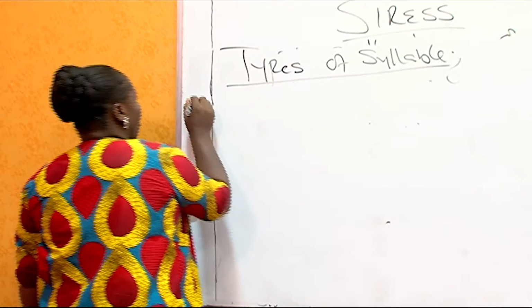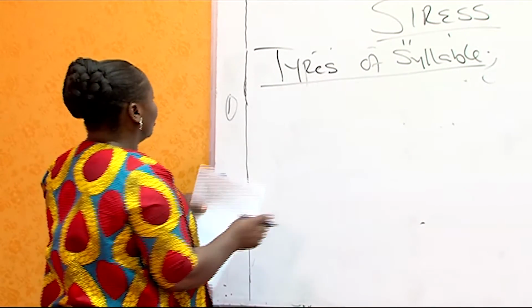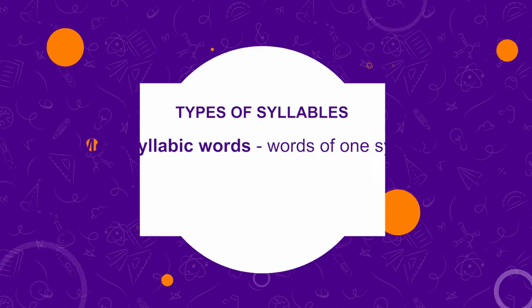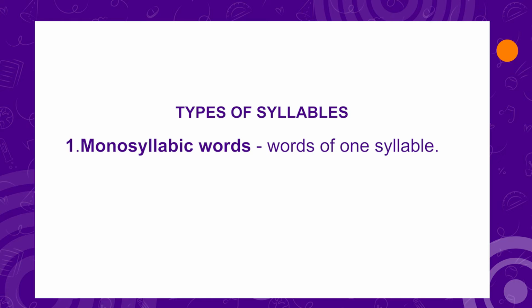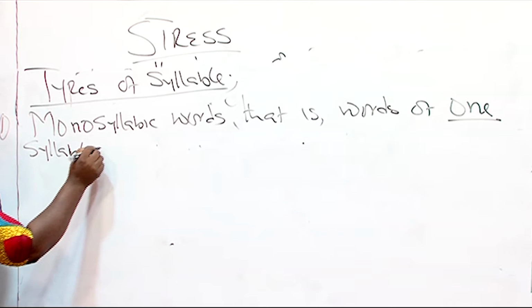Number one, we have what is known as monosyllabic words, that is words of one syllable.